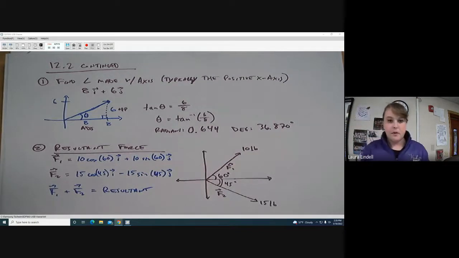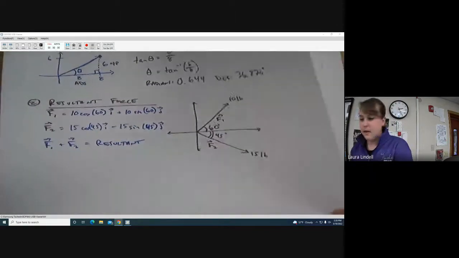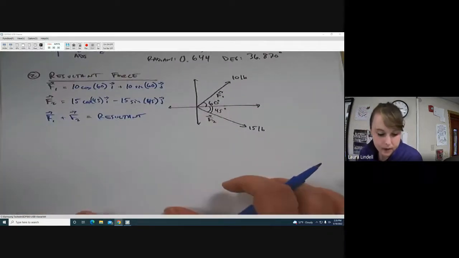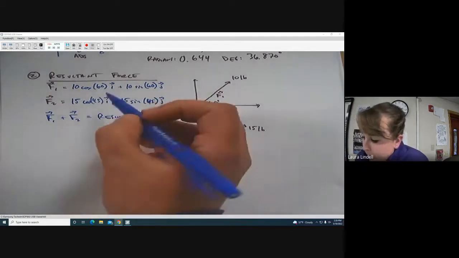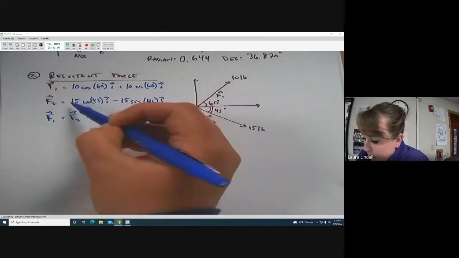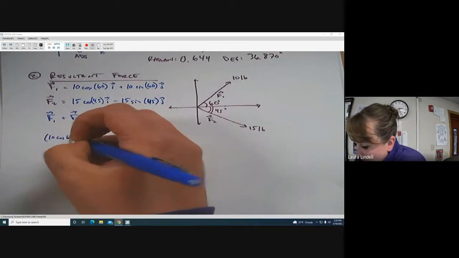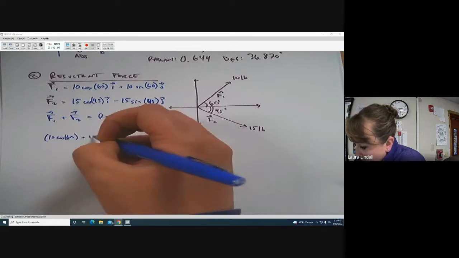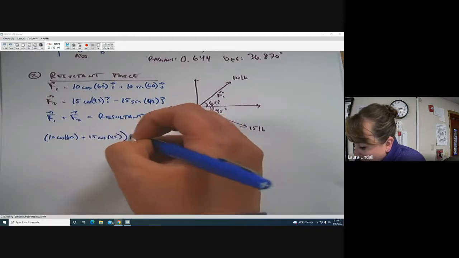So if I combine these, moving this up a little bit, combining just our horizontal components, we get 10 cosine of 60 plus 15 cosine of 45 i.